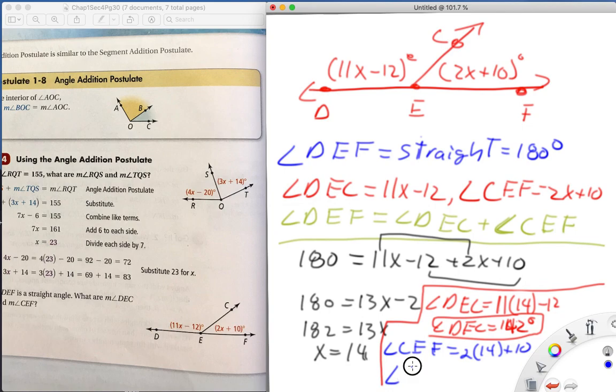So angle CEF equals 38 degrees. And then if I add 38 plus 142, that's going to equal 180 degrees, which is a straight angle, so I know that it's correct.